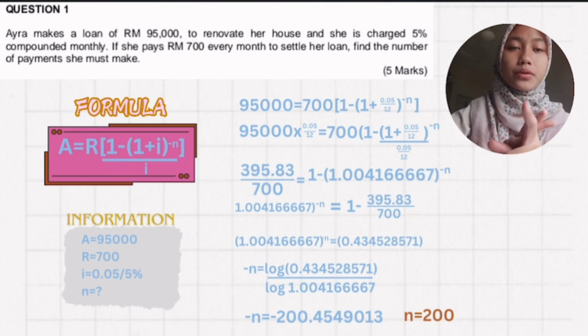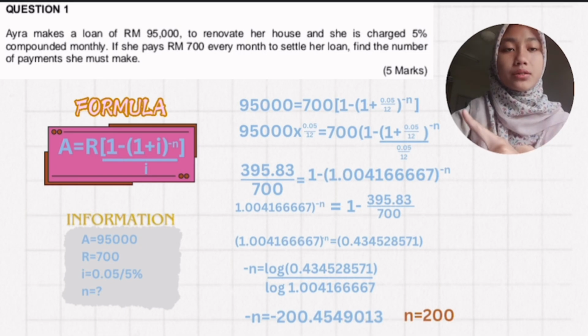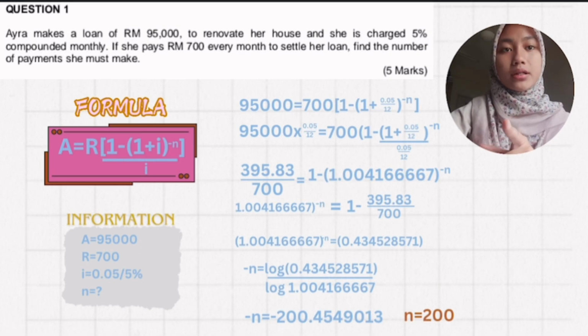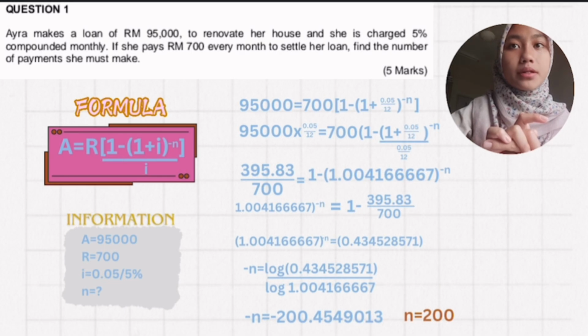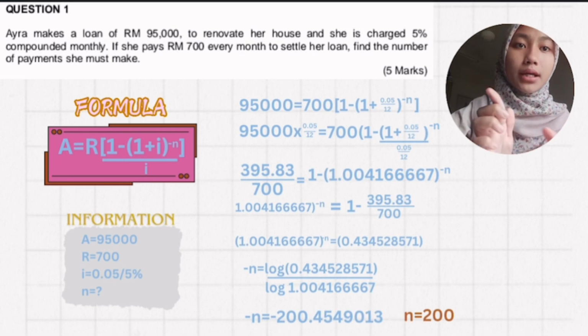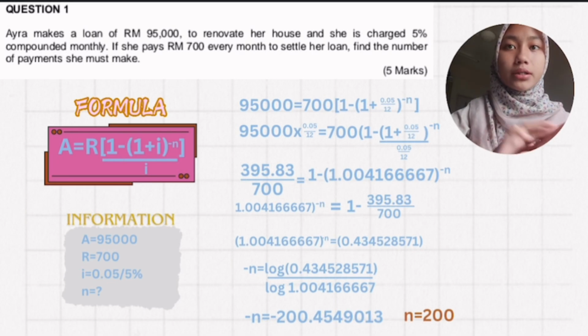This 0.05/12, take it to the side next to the 95,000, and the solution of this is RM395.83. We have to find the solution for 1 + 0.05/12, so the answer is 1.004166667 to the power of negative n.